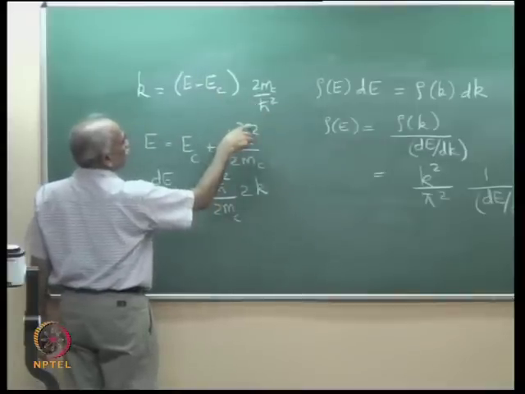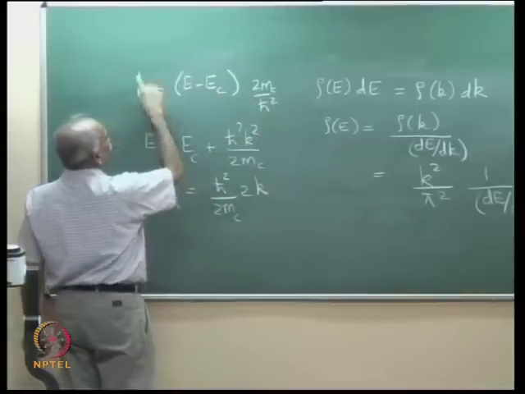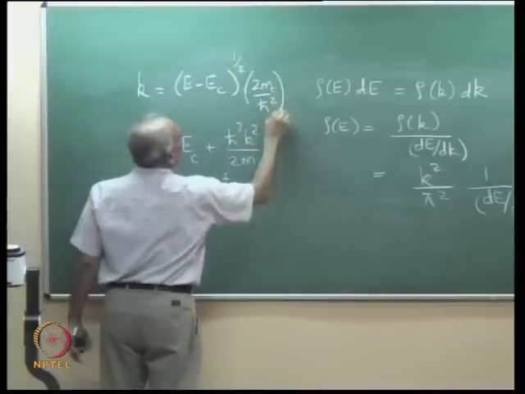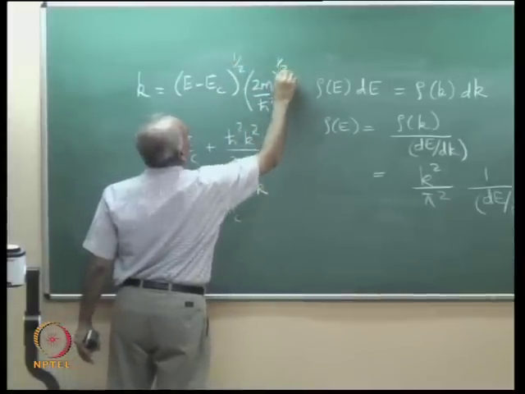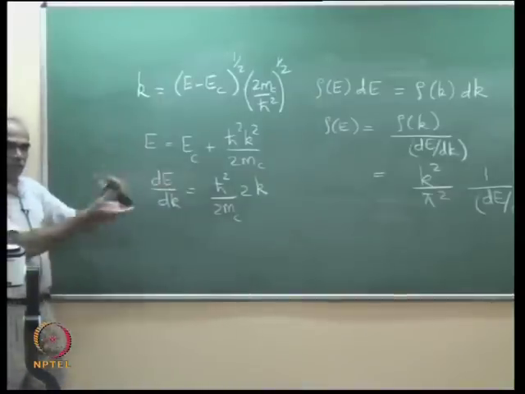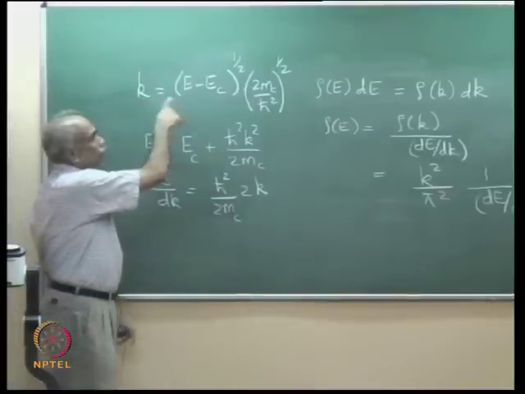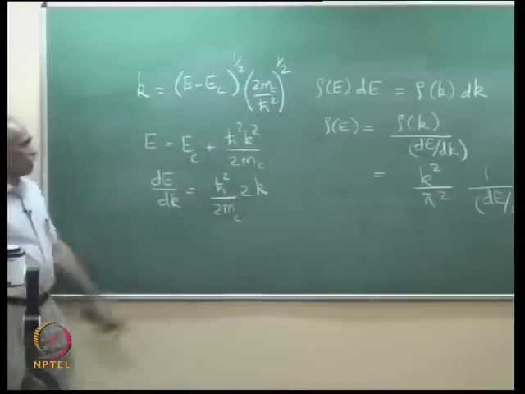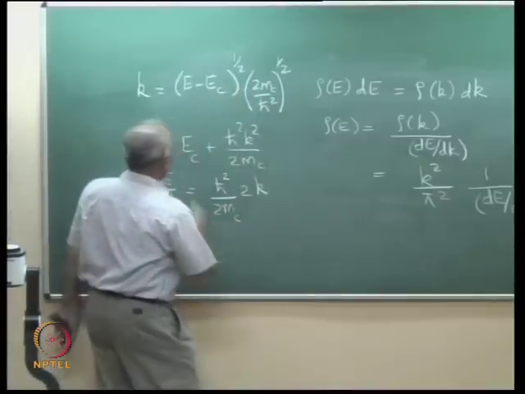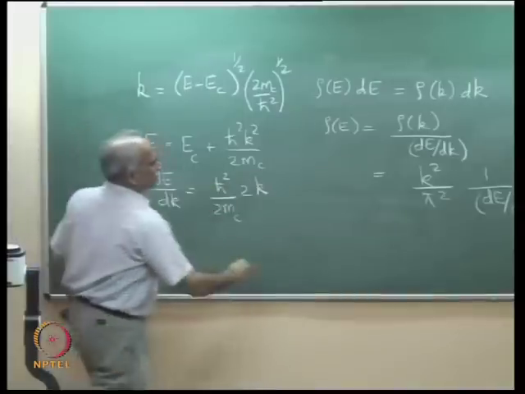That is, 2 mc by h cross square is k square, therefore k is equal to this to the power half into this to the power half. From the same expression, just rearranged, k is equal to this. So I want to substitute for this k here.